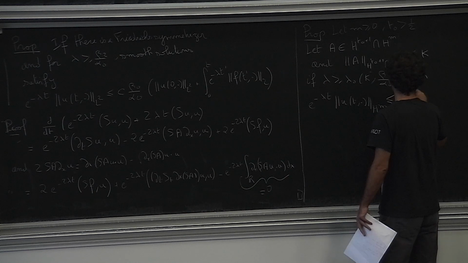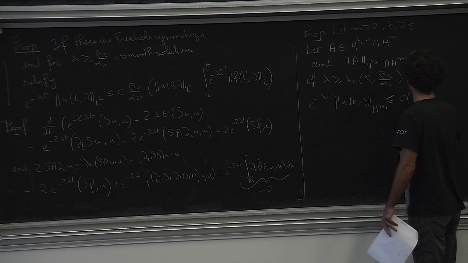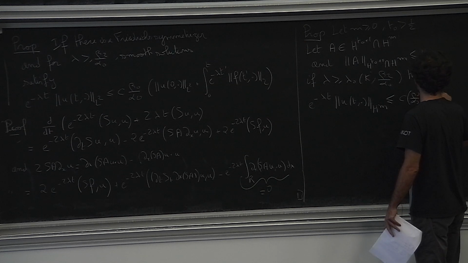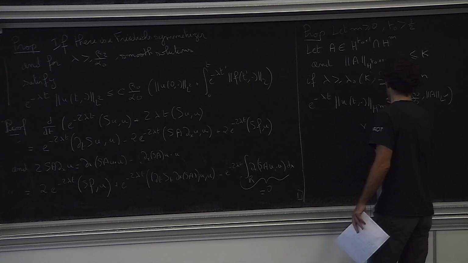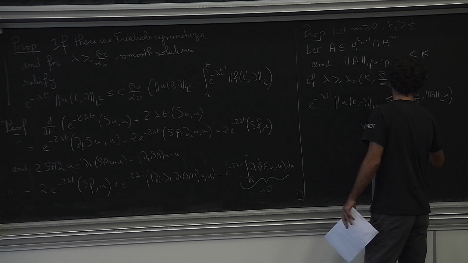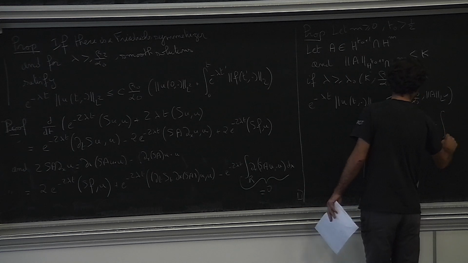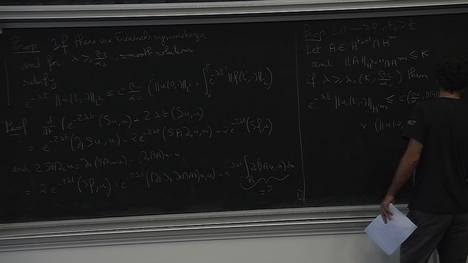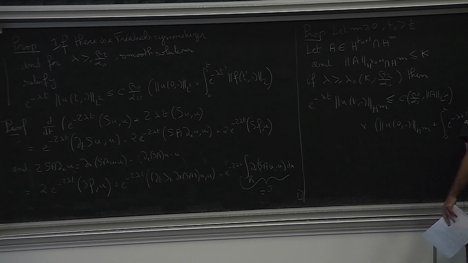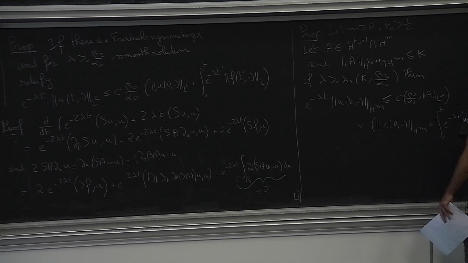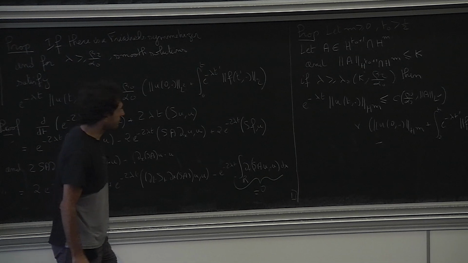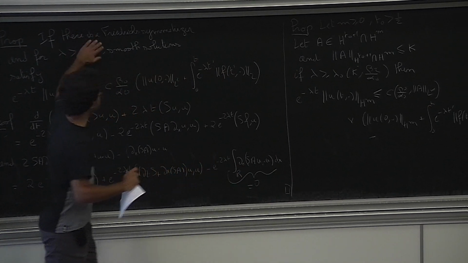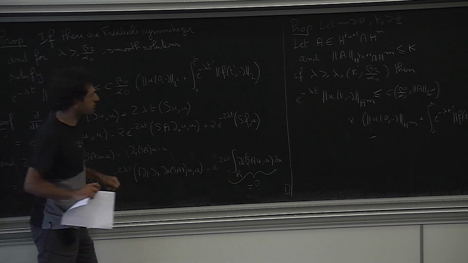The constant C depends on beta 0 over alpha 0 and on the norm of A in L infinity also, times the norm of u0 in H^M plus the integral from 0 to t of exponential minus lambda t prime times the norm of f of t prime in H^M. And this is under the same assumption, of course, on the Friedrichs symmetrizer and smooth solution.